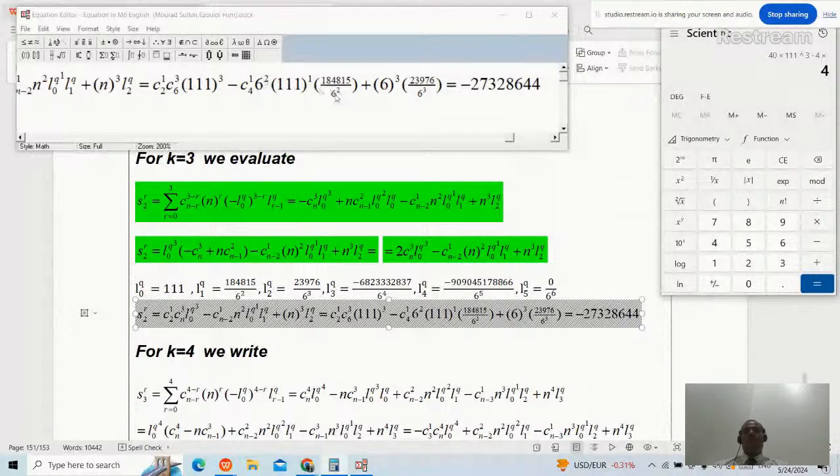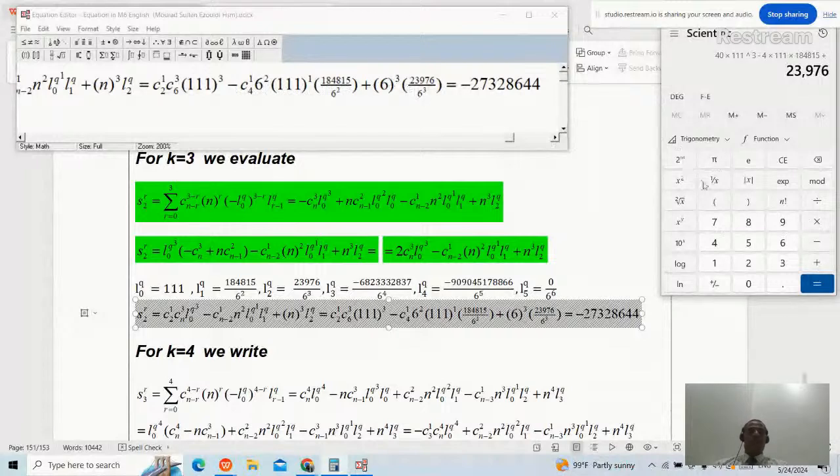This one and that are a common factor, so it will be cancelled out, and it will be multiplied only by 111. 111 multiplied by 184,815, with the negative sign written: negative 4 times 111 times 184,815. Then plus 23,976. Why? Because 6 cubed and 6 cubed will be cancelled.